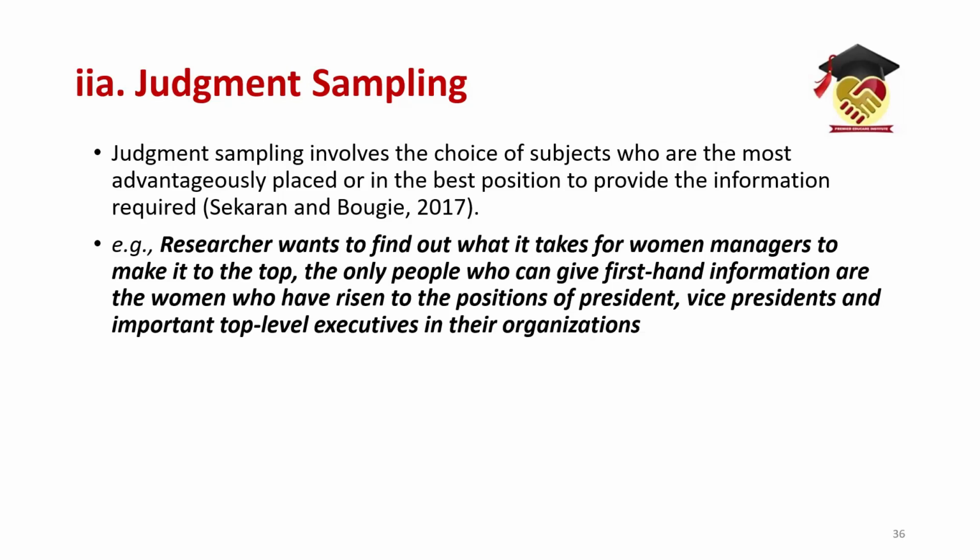And then it is judgment sampling, Dr. Regal. And then you can collect data randomly, right? Because you have now selected that these 280 companies are public listed companies, that is, big companies. Now you want to analyze the employees of these big companies.